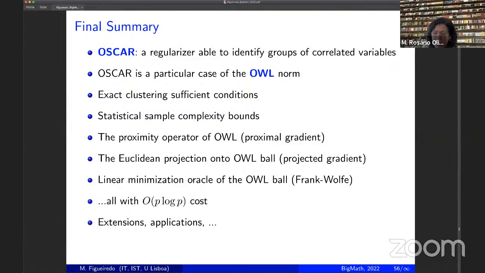Quite recently, I heard someone saying that with deep learning, we don't need feature selection anymore. Would you like to comment on this phrase?